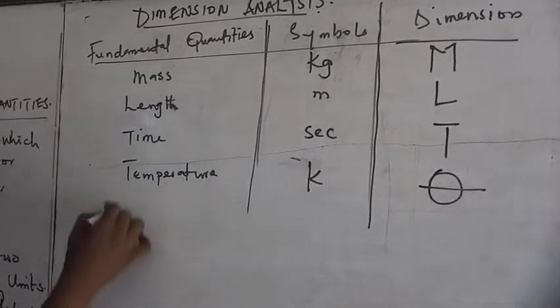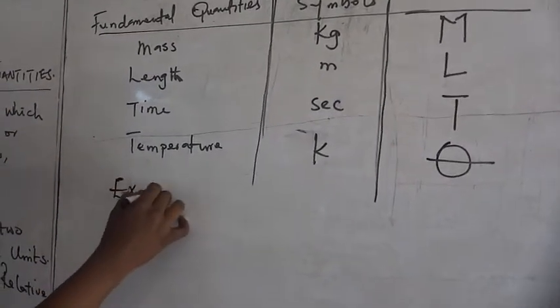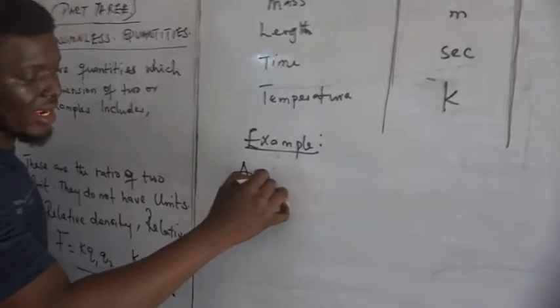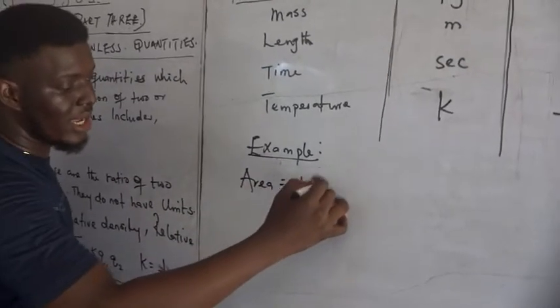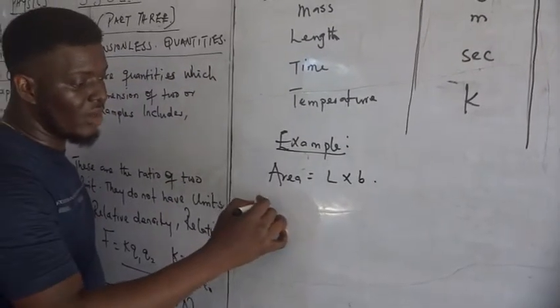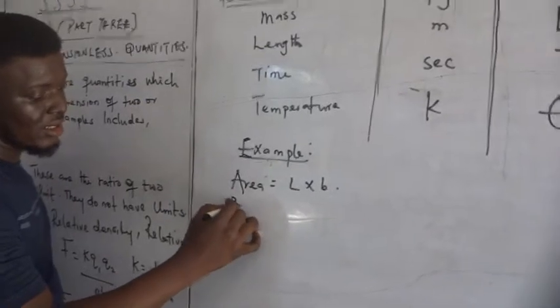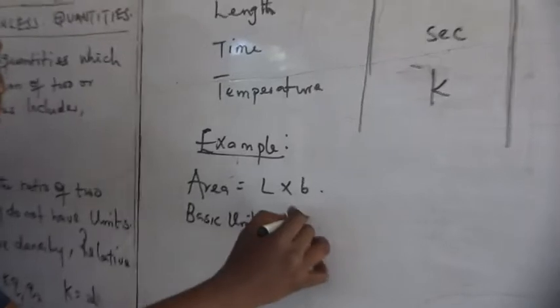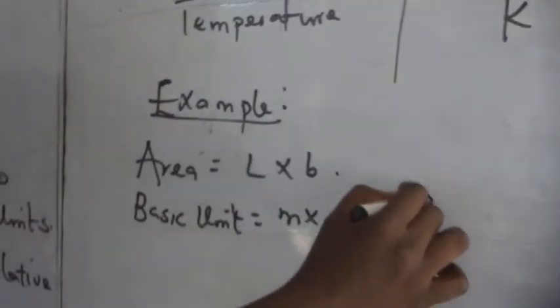So, let us look at an example. From the example I gave you the last time, area equals length times breadth. I told you the basic unit for this is meters times meters, which is meter squared.